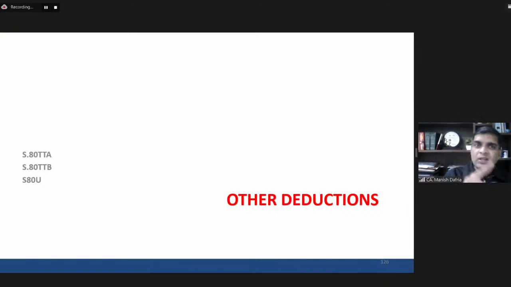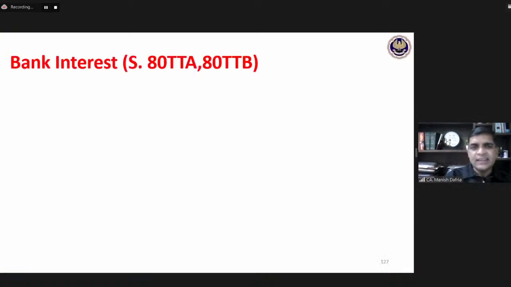This requirement is not applicable for all payment based deductions. This requirement is not applicable for these 3 deductions also. They are beyond Part C. Okay. So now these 3 sections are simple enough. All these 3 are something very simple. 80TTA and 80TTB. Again, in the books you will find these 2 sections discussed separately, one by one.